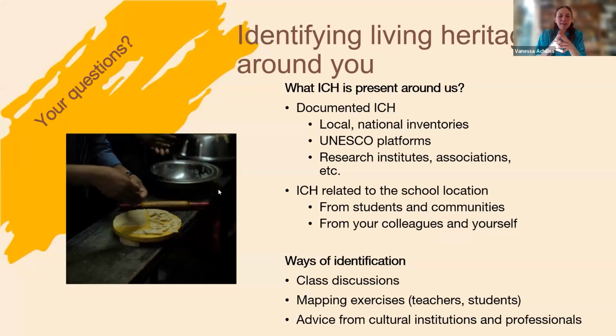If you want to identify how to choose, because there is so much around you, you can discuss with the students what they know, what they do in their family. You can do a mapping exercise with the teachers or with the students to walk around and do research. You can talk to cultural institutions who can become partners, and you will have already an idea of what is happening in your environment, what kind of material is available.